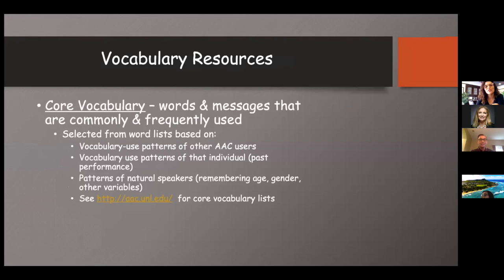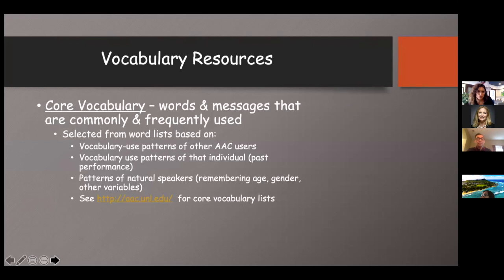Your core vocabulary makes up about 80% of the vocabulary that we use on a regular basis. So we tend to utilize the same words over and over and over again. That's why that vocabulary is so important. And in all the videos that you saw, I was pretty much only using core vocabulary. So it's pretty easy to construct an entire message just utilizing core vocabulary.